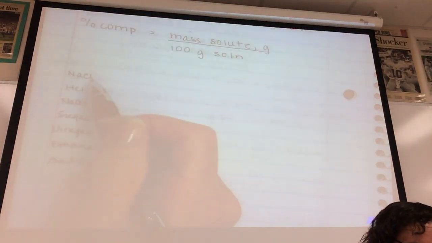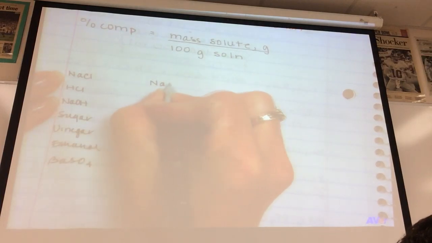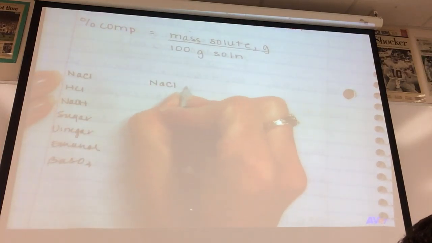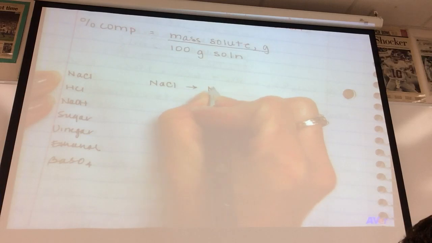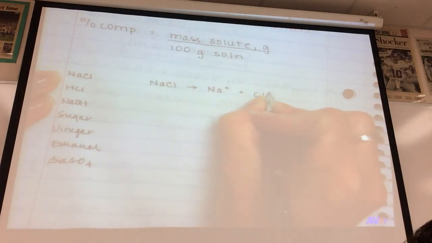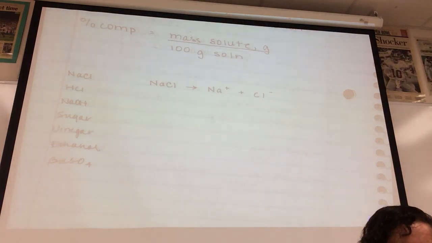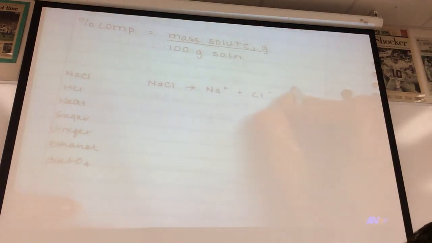So in regard to salt, such as sodium chloride, it is an ionic compound. It generates sodium ion and chloride ion. This was a strong one.